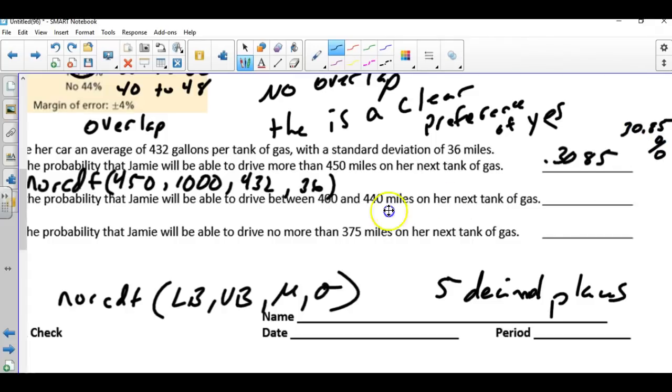For this next one, between 400 and 440, again, you have normal CDF, and you're going to go 400 to 440 because they gave it to us. Again, you put the mean and then the standard deviation, 36.